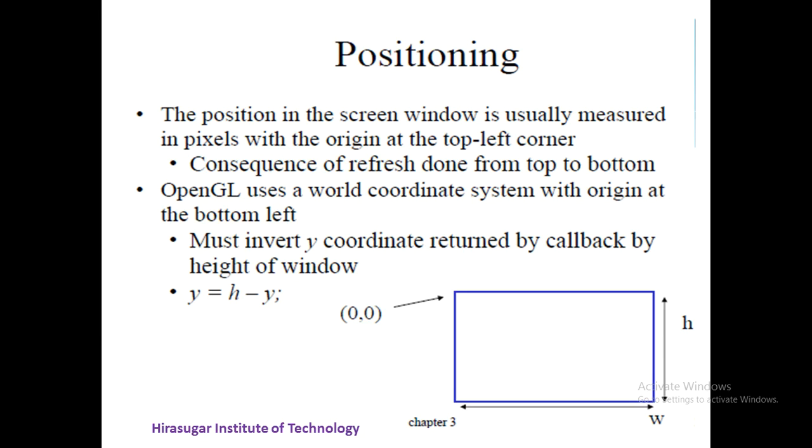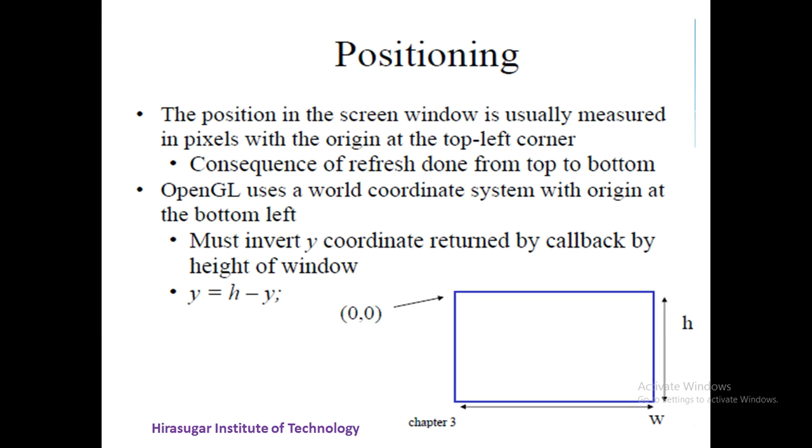But what happens with OpenGL? OpenGL uses a world coordinate system with origin at the bottom left. Understood the problem? The operating system uses origin at top left, while OpenGL uses origin at bottom left.